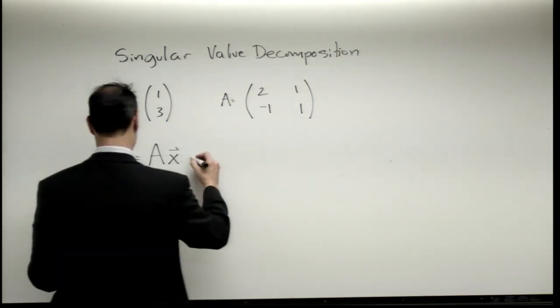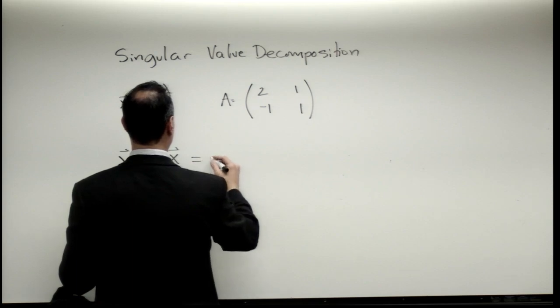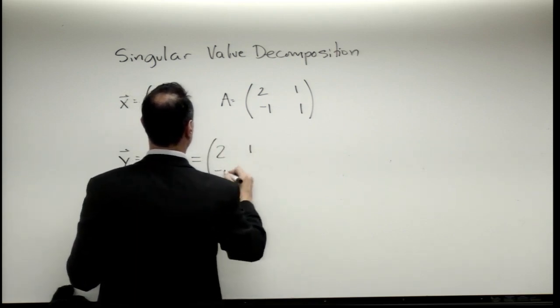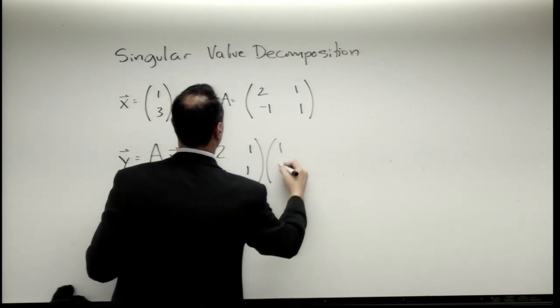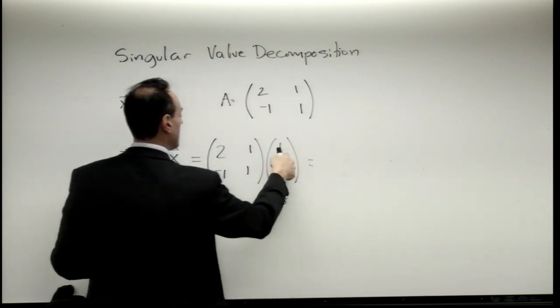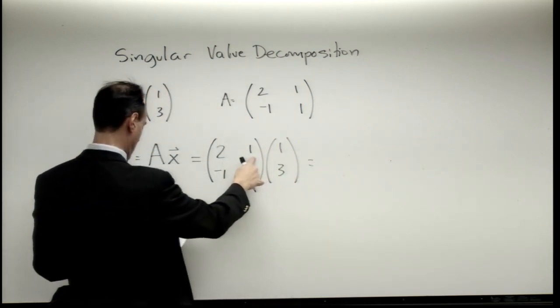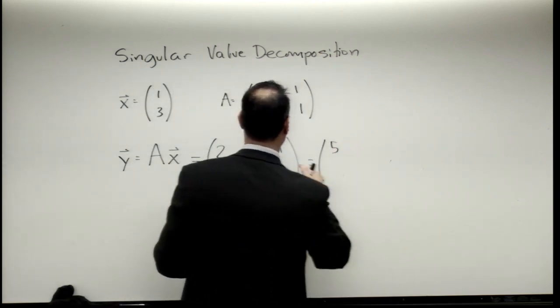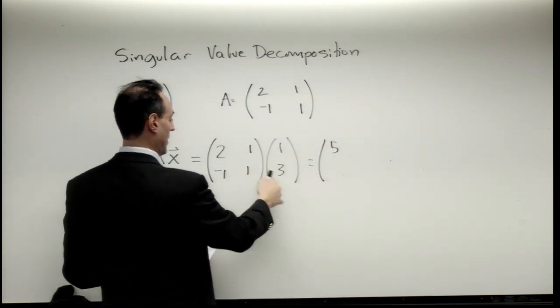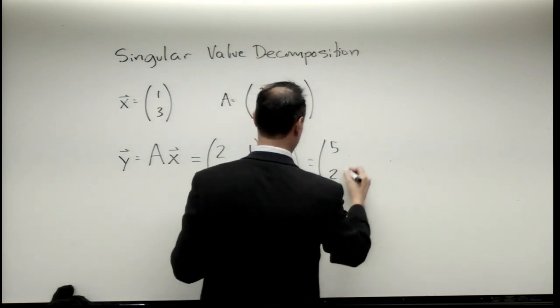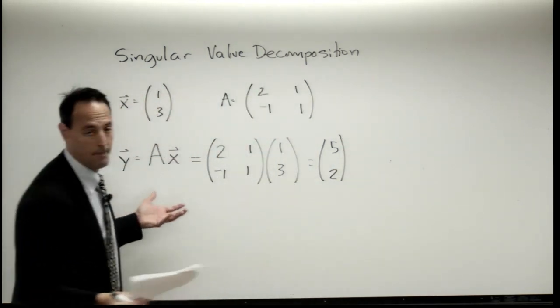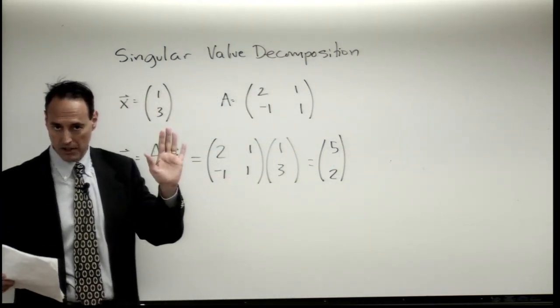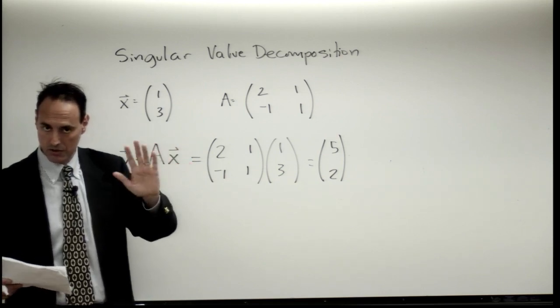Well, if you do this multiplication out, this times this, which is 2 plus 3, this times this, that's negative 1 plus 3, 2. Simple. No magic. Very straightforward idea.